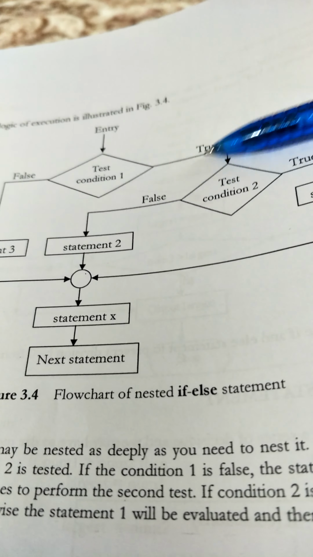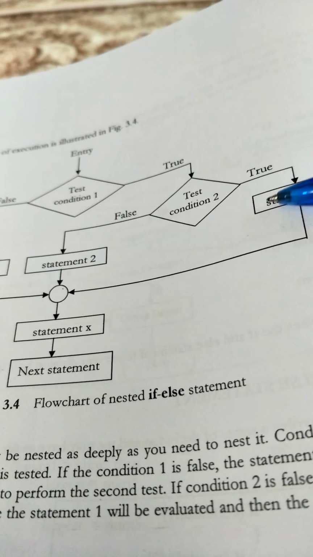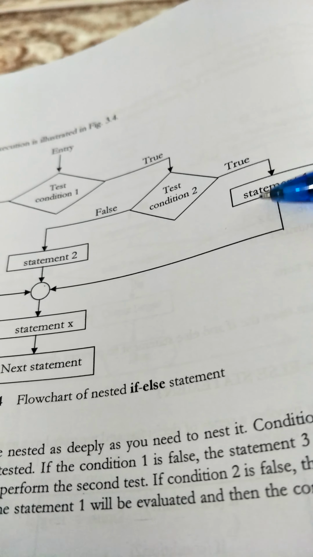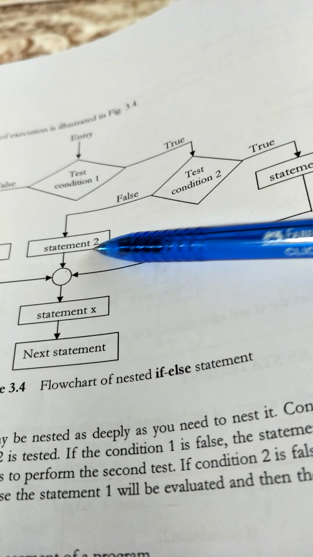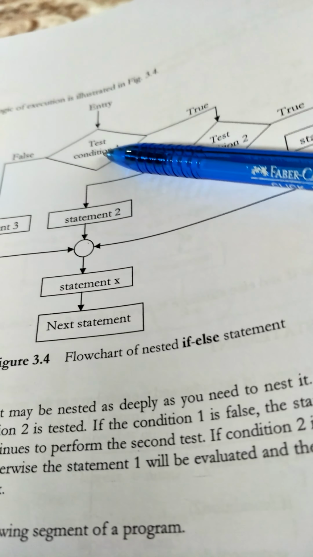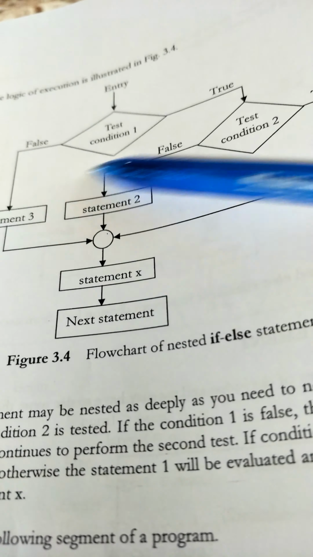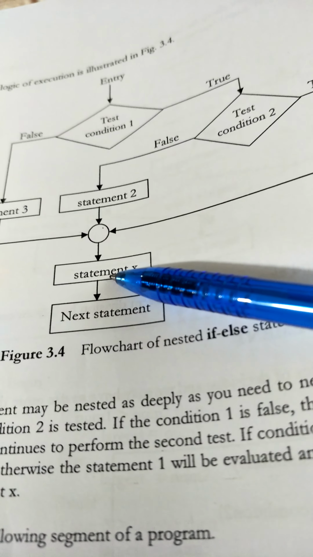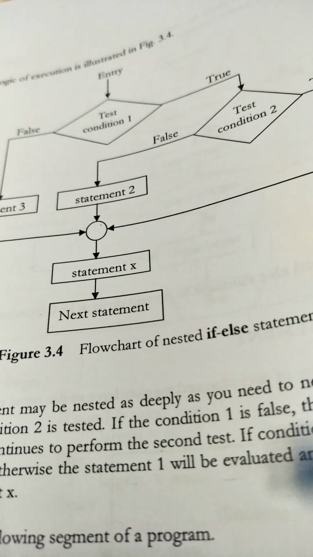If that is true, we do the second test. If it's true, we do whatever the statement under that test. If it's not true, then we do the statement for that, which is statement 2. And for the first test here, if it's not true, then it goes to the statement 3. Having done all those, then you come up to do the statement X, and then the next statement.